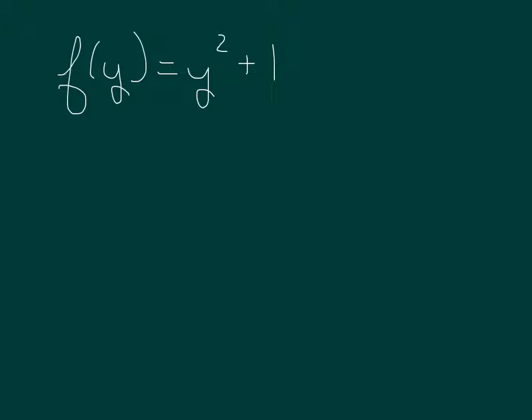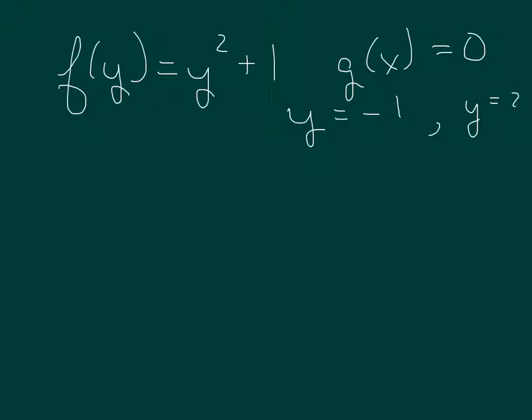So this is a good example. F of y is y squared plus 1. G of y equals 0. Y equals negative 1, and y equals 2.